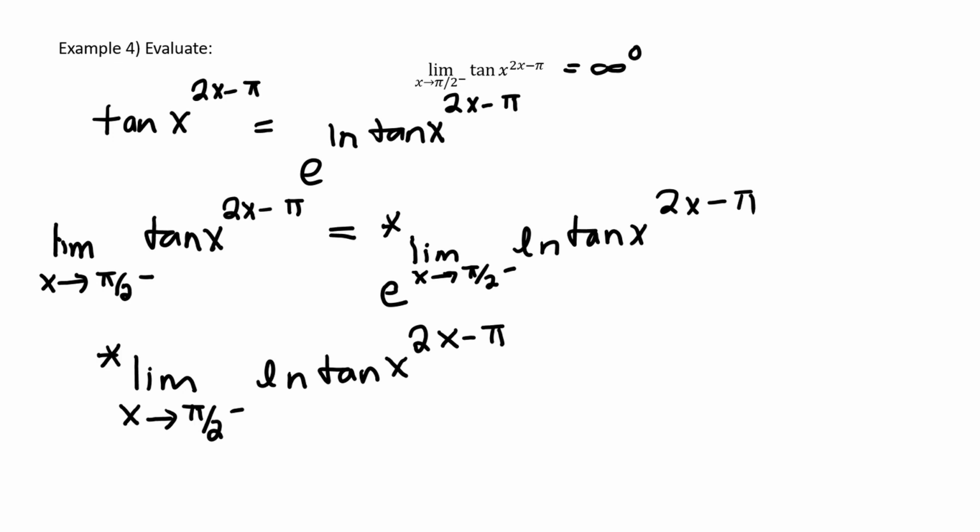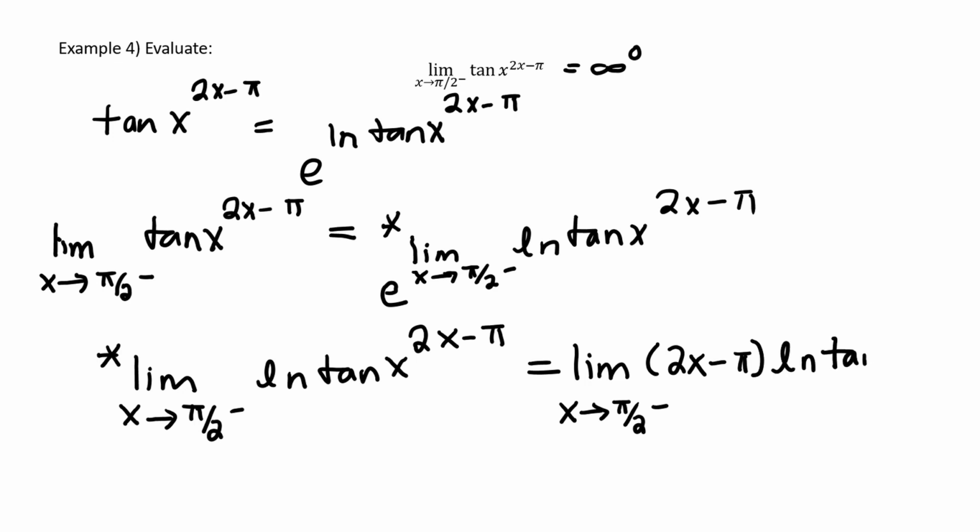Let's write it so that the exponent is a coefficient. So that will be equal to the limit as x approaches pi over 2 from the left of 2x minus pi times the natural log of the tangent of x.